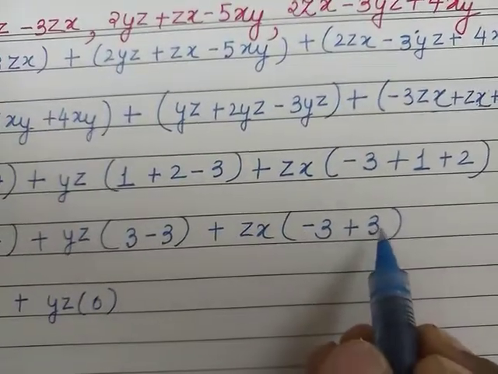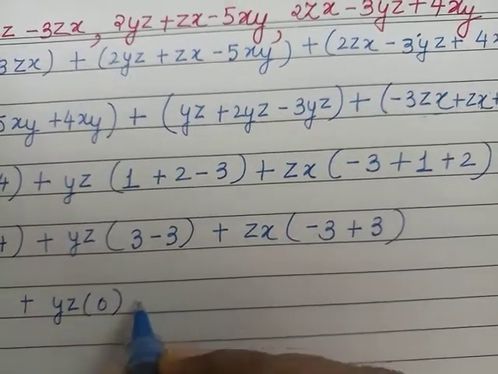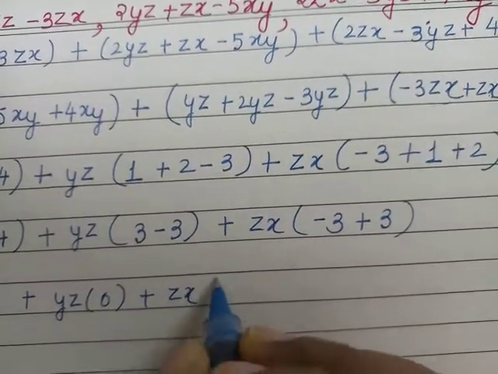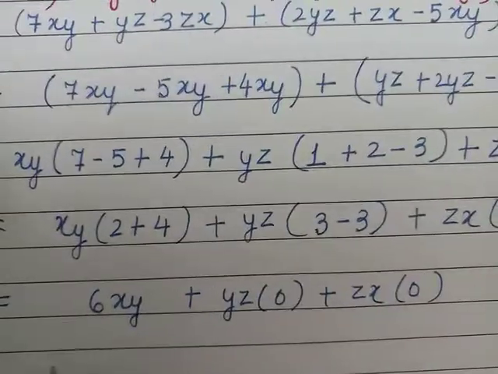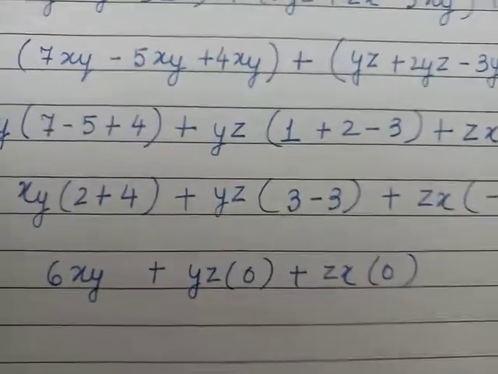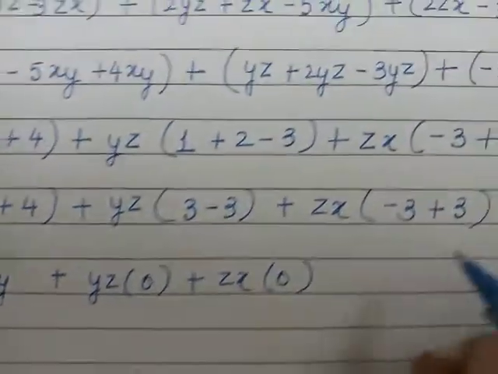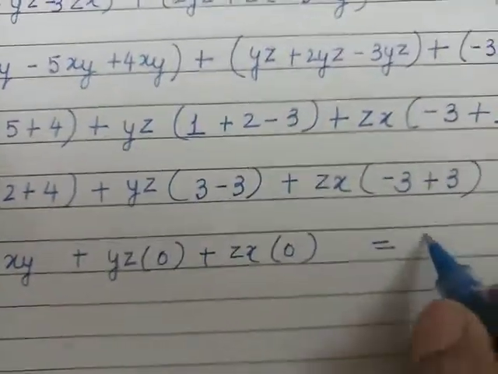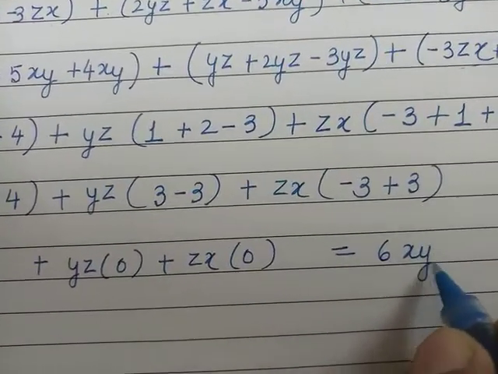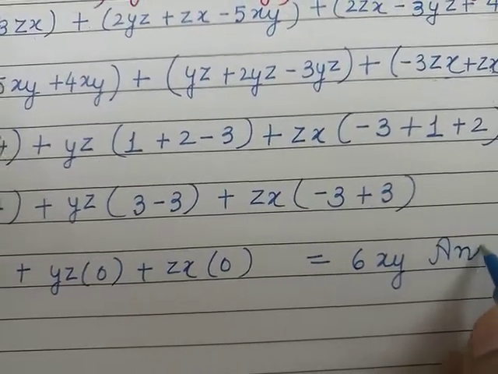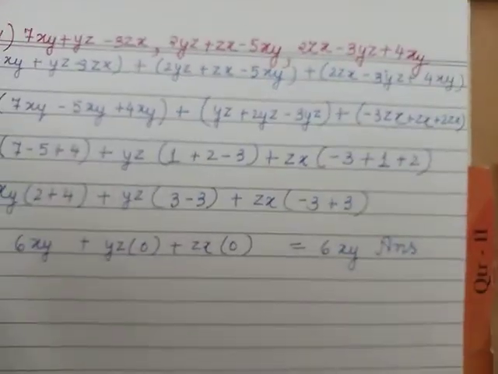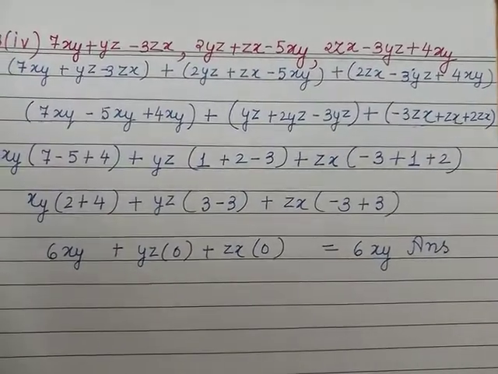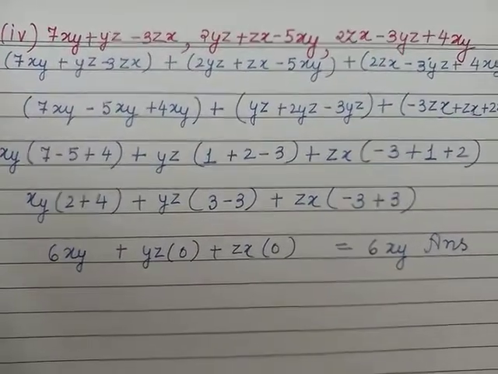Minus 3 and again plus 3 will give it 0. As 0 into yz will give you 0, 0 into zx will give you 0. So what we write, what the answer is? Only 6xy. This is the answer. Hope everybody has understood how to add horizontally.